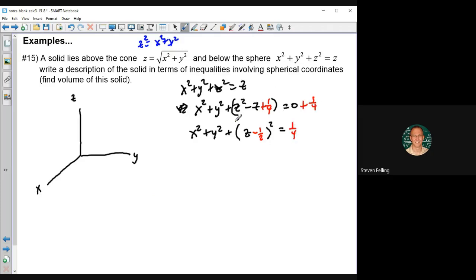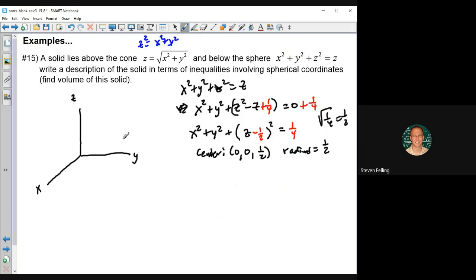Right, so this would be this, and that means we have a sphere whose center is not at the origin. The center is at 0 for x, 0 for y, but 1/2 for z, and the radius of this sphere would be the square root of 1/4, which is 1/2.